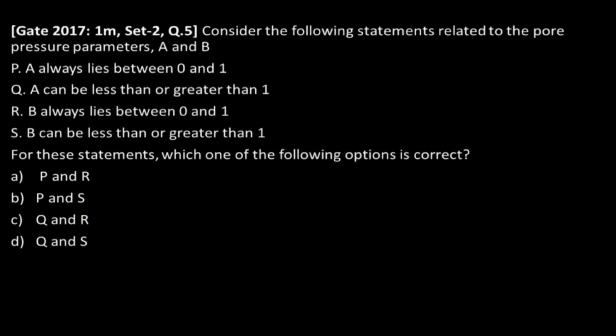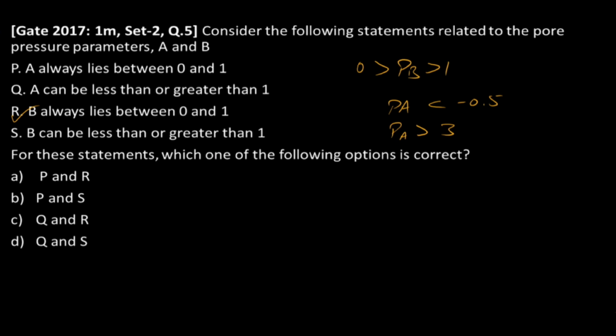If you see this question, we can recall that pore pressure parameter B lies between 0 and 1, and pore pressure parameter A might be lesser than minus 0.5 and it may be higher than 3. So option A is right: B always lies between 0 and 1.